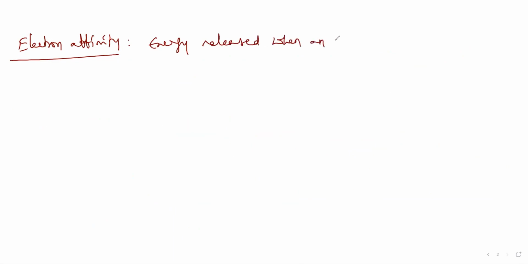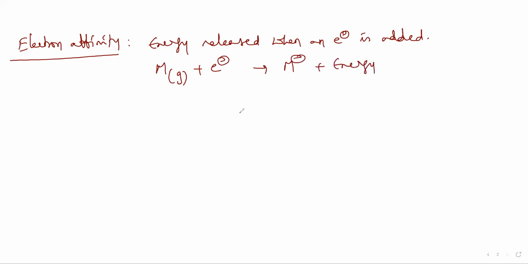Next, electron affinity. What is electron affinity or electron gain enthalpy? This is the energy released when an electron is added. If you add an electron to any gaseous element M, you will get M minus, and in addition energy will be released.